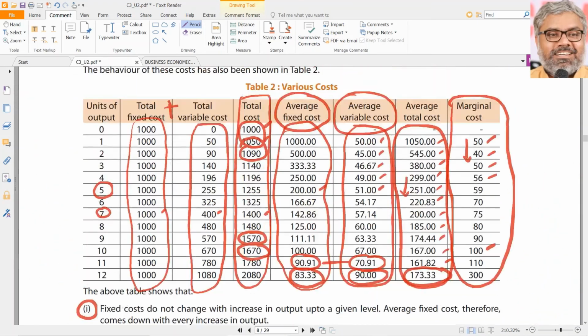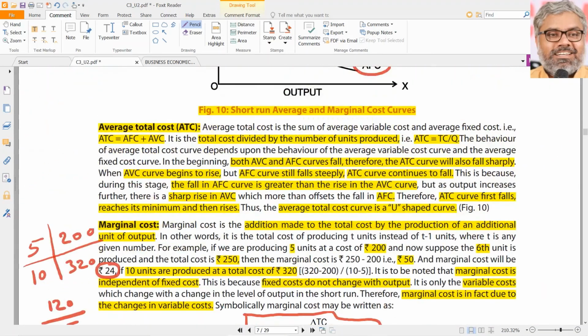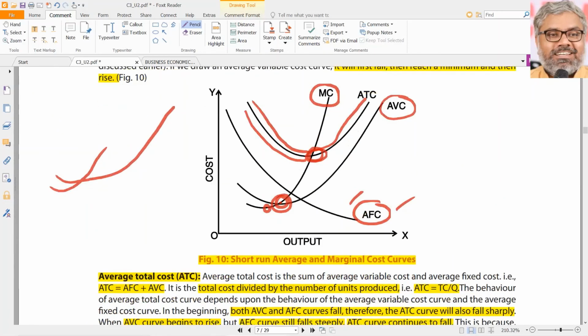That's what is there here also in the graph. If you observe what is happening here in the graph, the average total cost was there like this. Marginal cost is there like this. As long as the average total cost was falling, up to here, the marginal cost is below the average total cost.